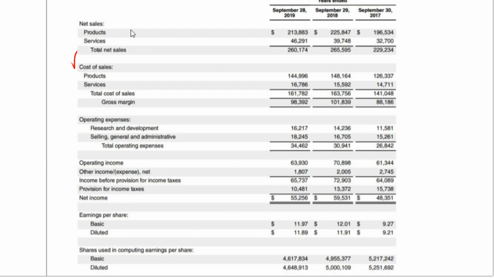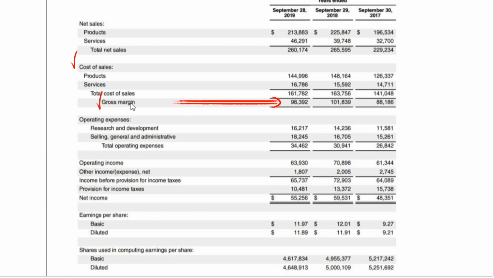So for products, the phone itself, the metal, the design, and everything that came into making the actual phone, this is the direct sale and the direct service, whatever it cost them to get this money directly. So after they add these two, the products and services is 161 billion. They subtract that, and they're left with a gross margin of 98 billion dollars.